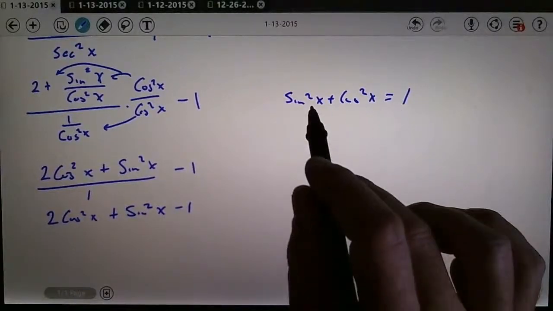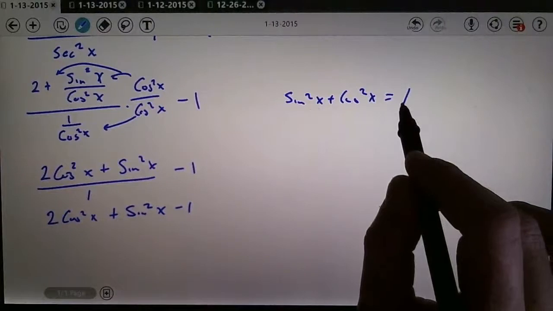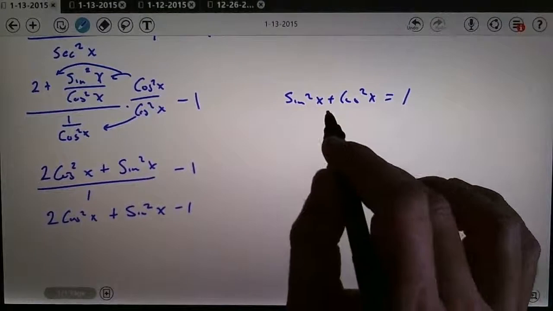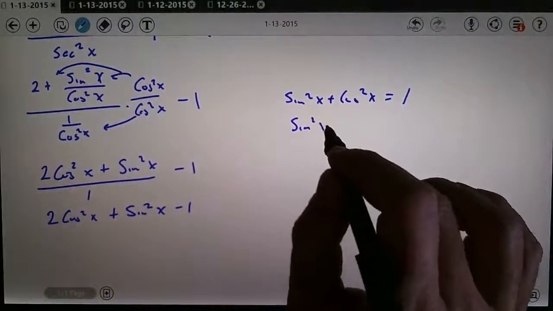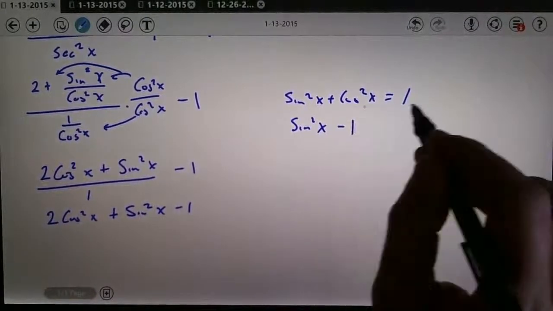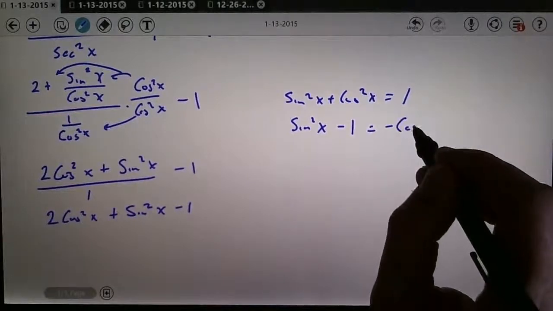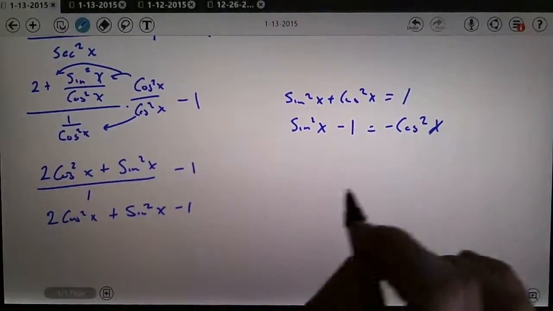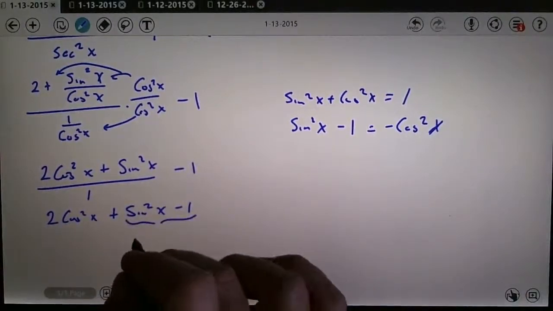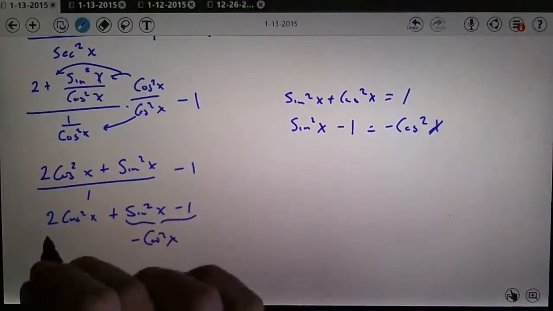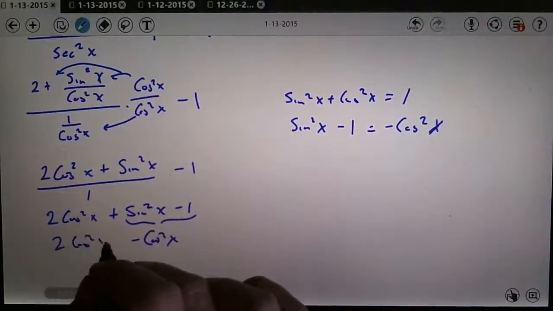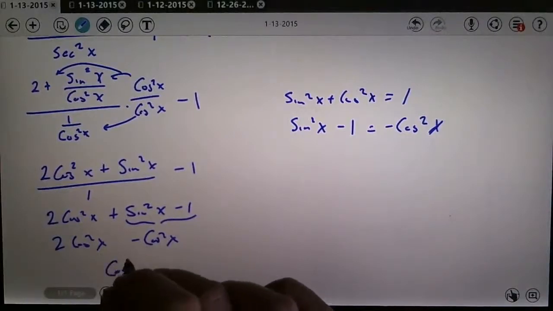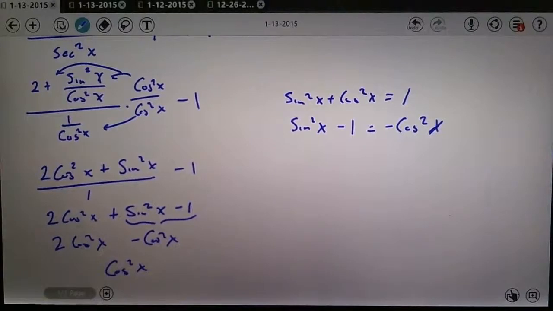If I leave the sine squared x where it is, subtract the 1 over here, and subtract the cosine squared x over to the other side, then I'd have sine squared x minus 1 is equal to negative cosine squared x. So this bit right here, I could turn into a negative cosine squared x. So I've got 2 cosine squared x minus cosine squared x, which leaves 1 cosine squared x. So it looks like this boils down to just cosine squared x.